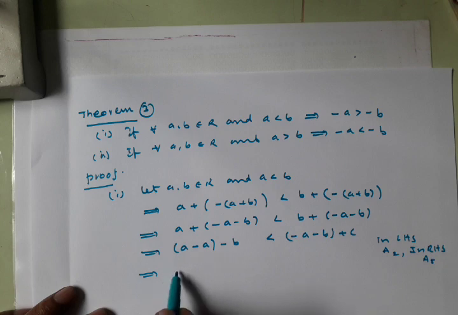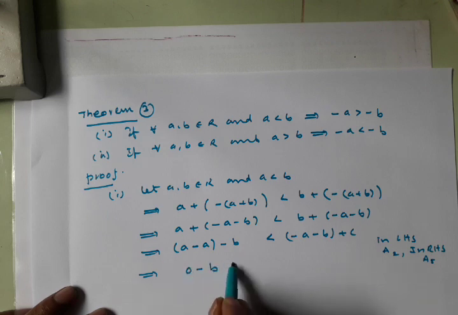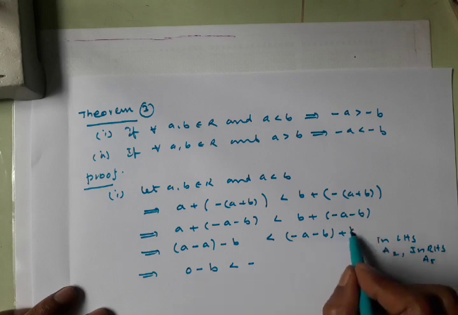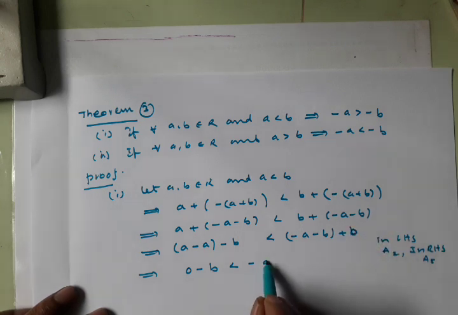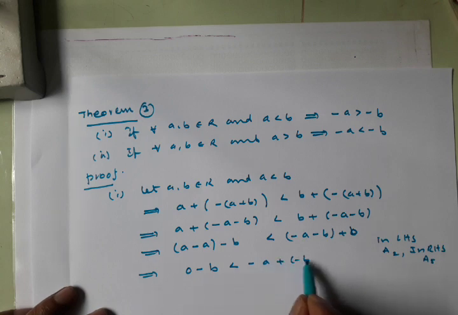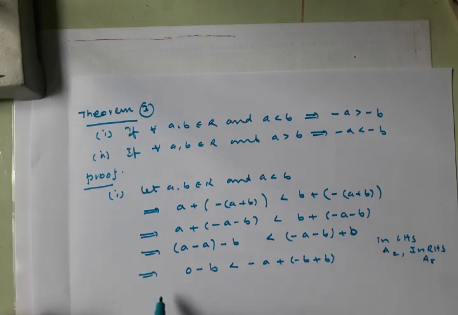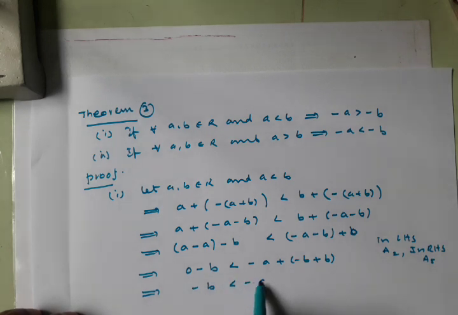This implies 0 minus b is less than minus a plus of minus b plus b, which is less than minus b is less than minus a plus 0.